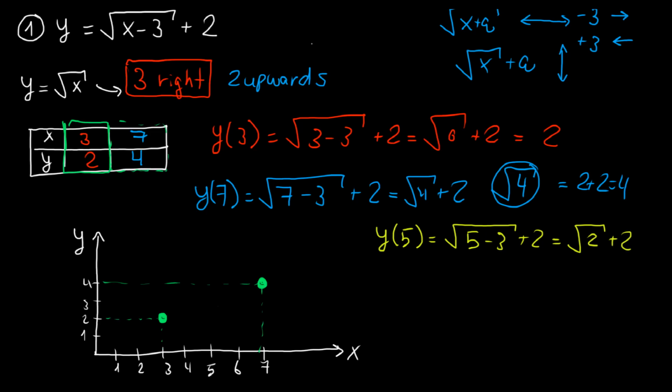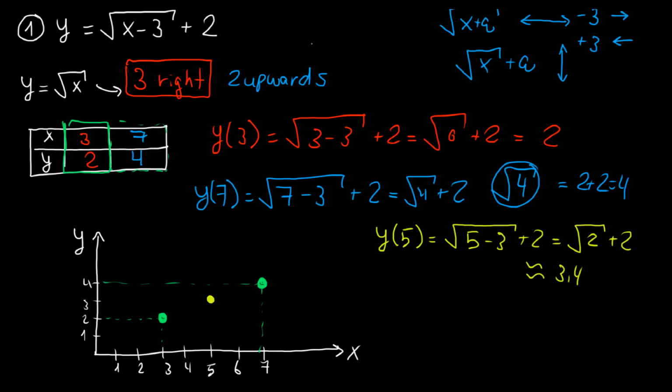If you take out a calculator, the square root of 2 plus 2 is approximately, and I say approximately, 3.4. We can use these wavy lines for approximately. So for 5, it is 3.4.